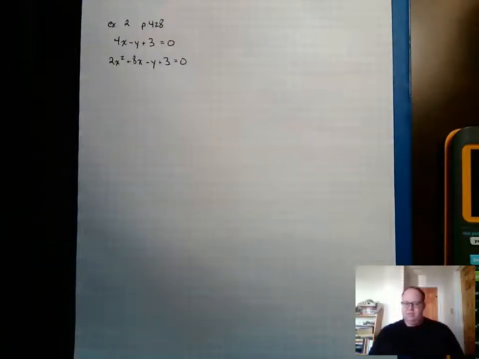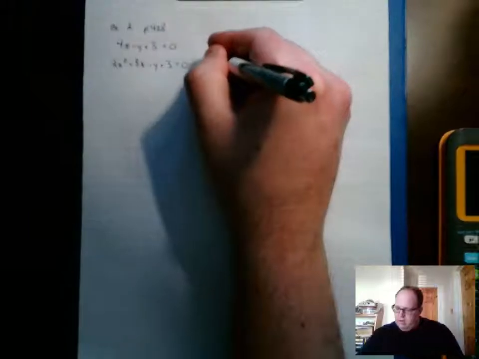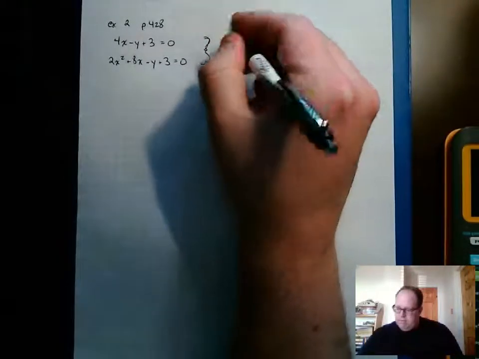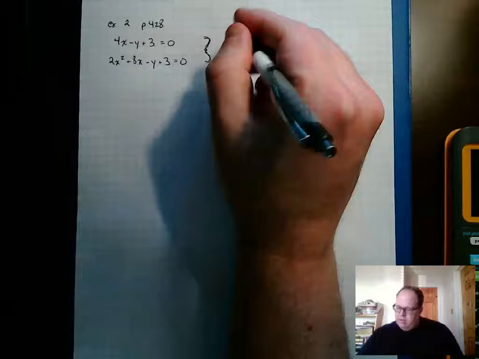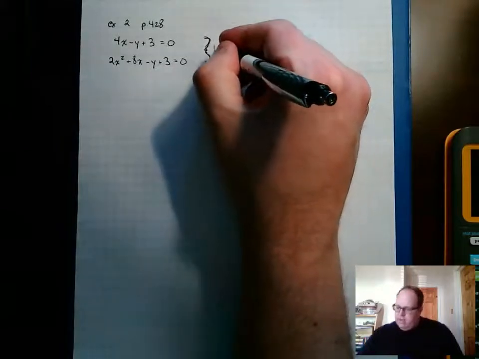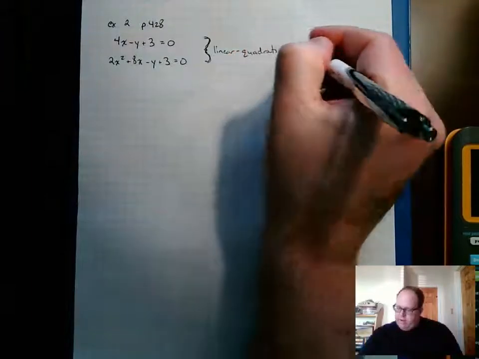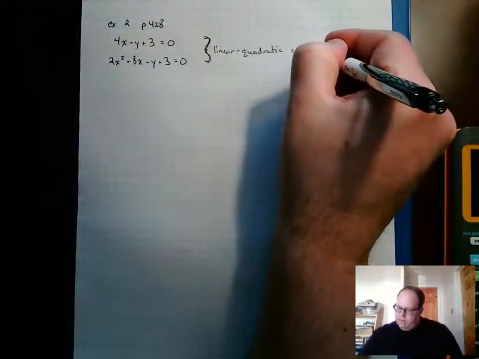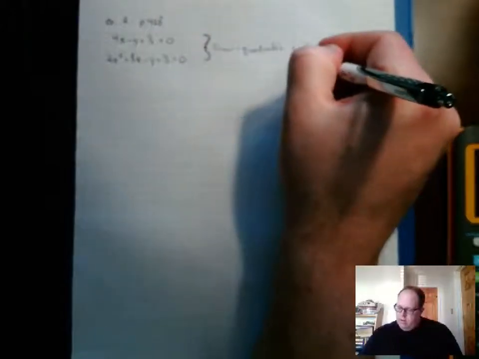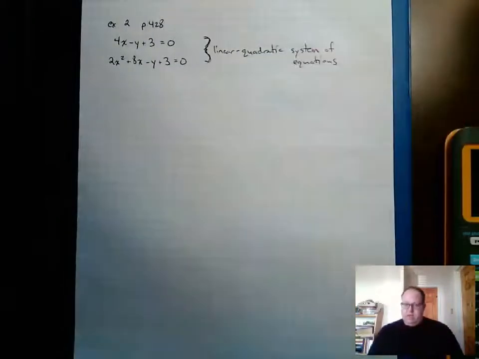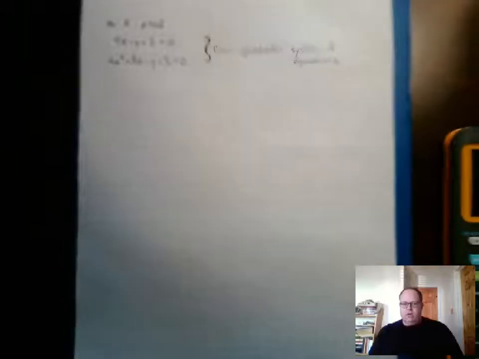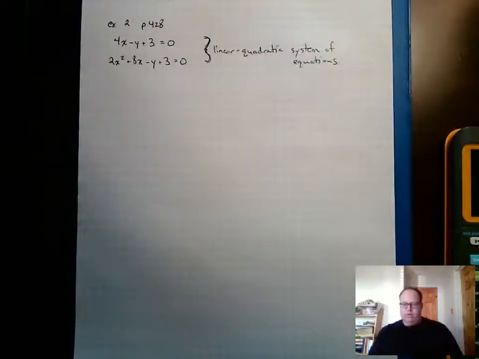That is the system of equations, and this would be what we would call a linear-quadratic system of equations, because one of them is linear and one of them is quadratic, although it may not look like that obviously from the time. So, a graphical solution to this will require your graphing calculator or some graphing calculator app that you might be using.